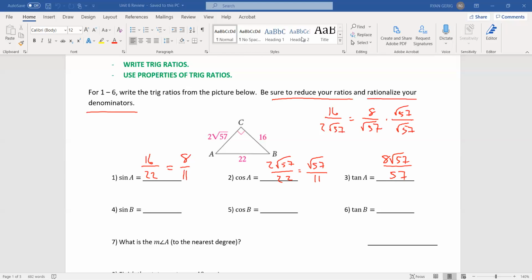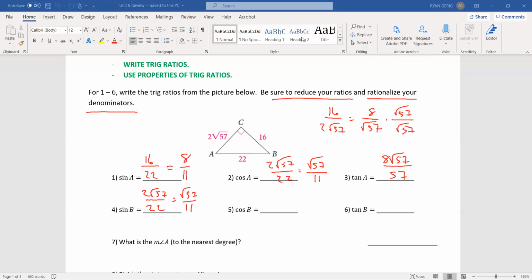Now we're going to change gears and look at angle B. So what side is opposite angle B? That would be 2 radical 57 over the hypotenuse, which is 22. So that reduces to the square root of 57 over 11.